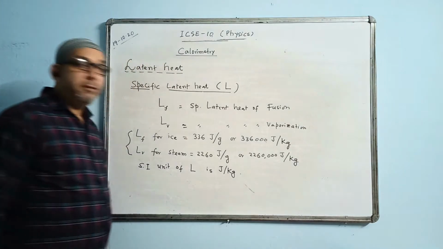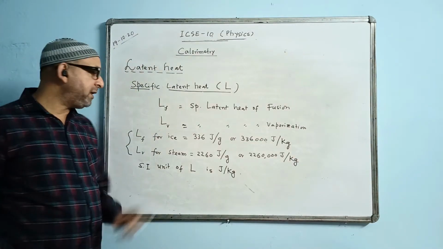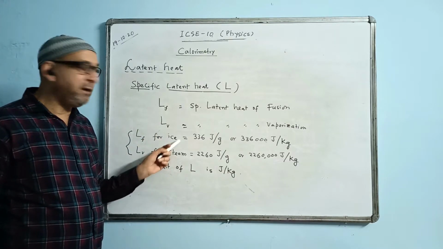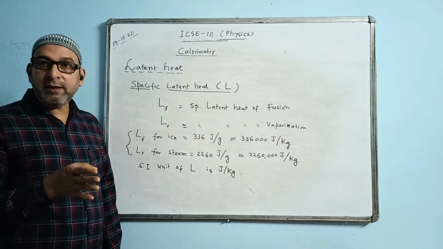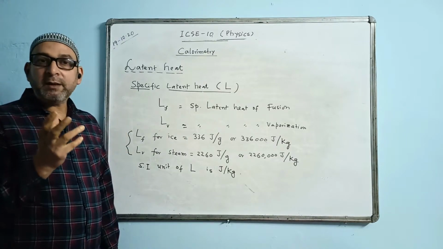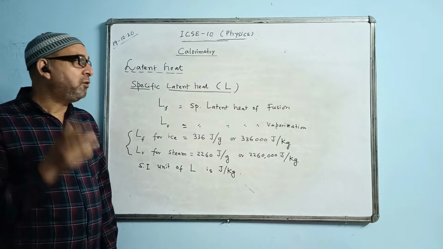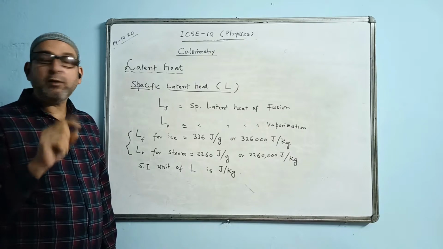If you compare the specific heat and the specific latent heat, you will find that the specific latent heat value is very high. What is the meaning of specific heat? Only specific, not the latent. Specific heat is the amount of heat required to raise the temperature of unit mass of a substance through 1 degree Celsius or 1 Kelvin.